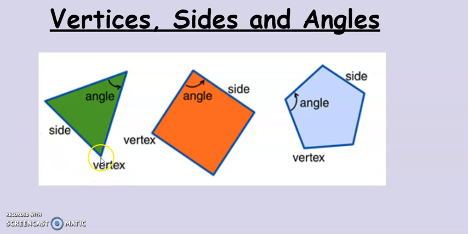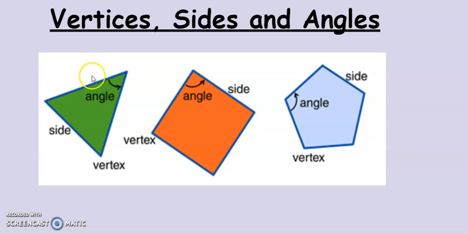One is called a vertex, and it's this little spot where the lines meet up. So one vertex, moving on to 2 vertices and 3 vertices. 3 sides, 3 vertices. Now this word called angle, that's on the inside of the shape. There's 1 angle, 2 angles, 3 angles. Isn't that a coincidence that a triangle has 3 sides, 3 vertices, and 3 angles?